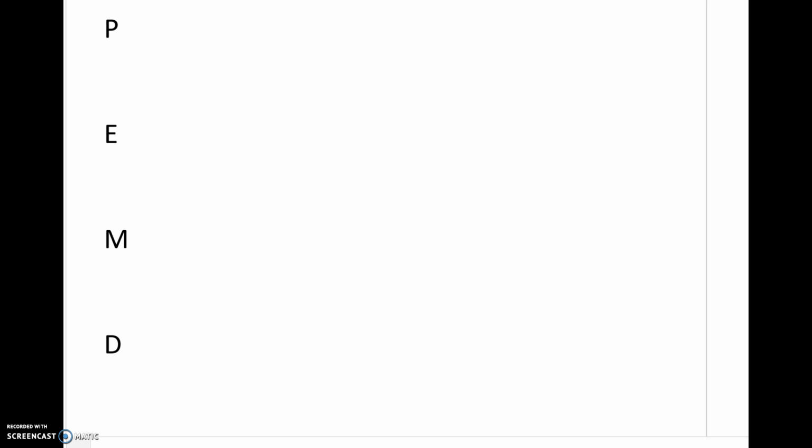I just call it PEMDAS. I don't use the cute little acronym there. But the P stands for parentheses. Looks like two curved lines there. There's going to be numbers and operations inside of it.